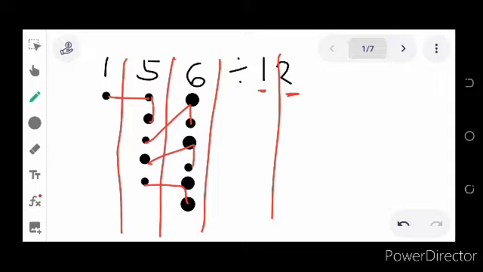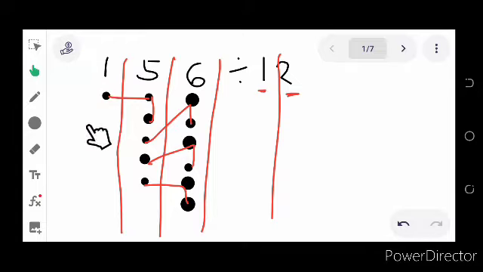So we just need to find the quotient. Now the next question is, how do you find the quotient? To find the quotient, you simply look at the connections that you have formed from the leftmost part, and you count how many connections have started in that particular column. That indicates the digit of your quotient. So we start with the leftmost.